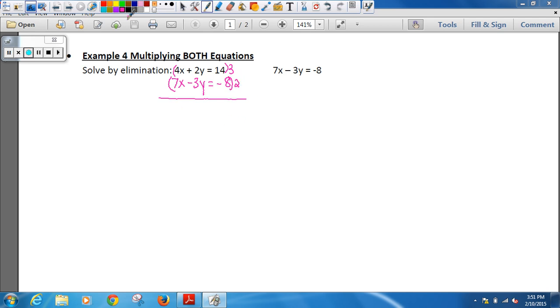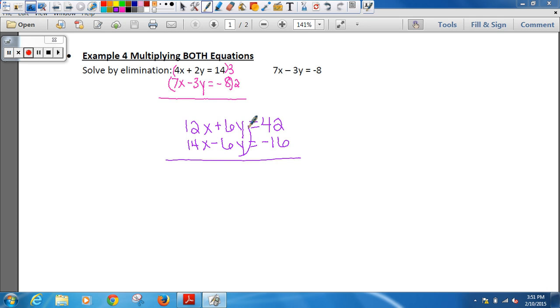So when I multiply those, I end up with 12x plus 6y equals 42. And the bottom one times 2 is 14x minus 6y equals negative 16.